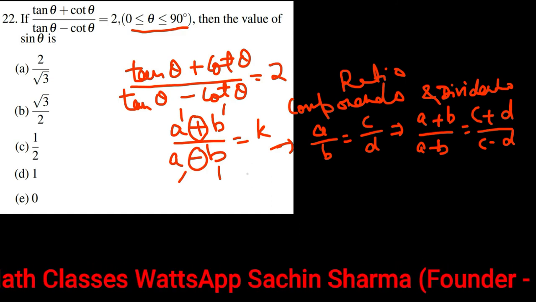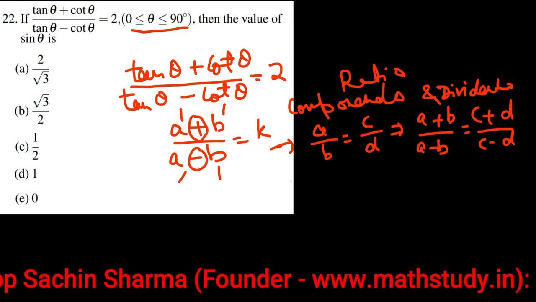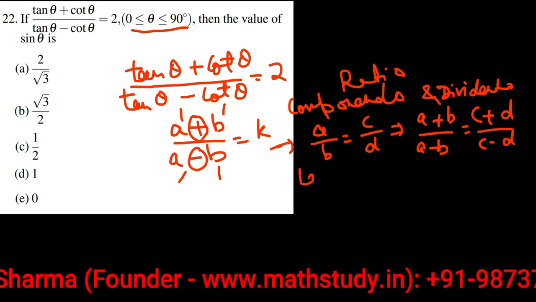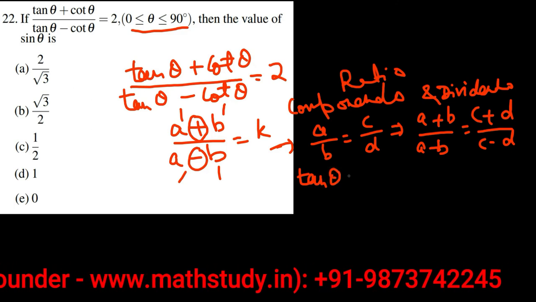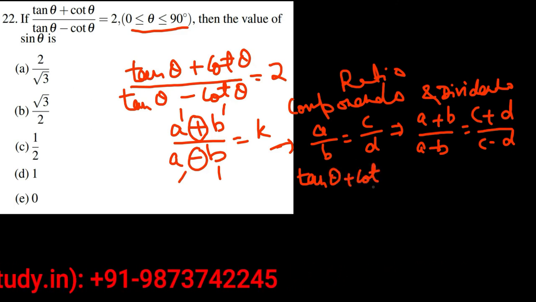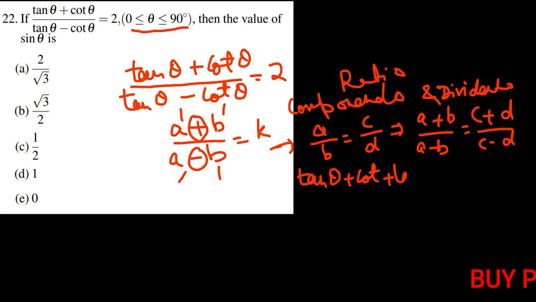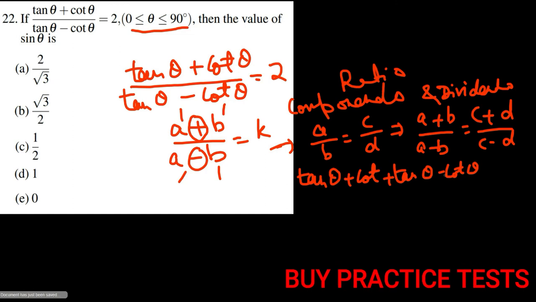So here what we can do, here we have tan theta plus cot theta, right? So tan theta plus cot theta is our numerator, so we can add the denominator: tan theta plus cot theta plus tan theta minus cot theta.